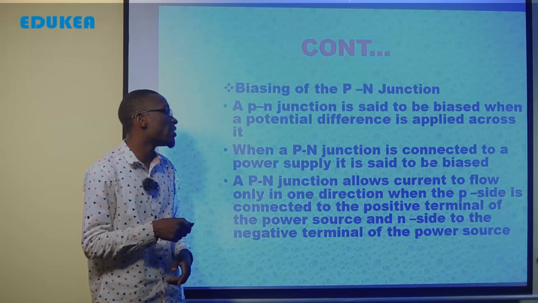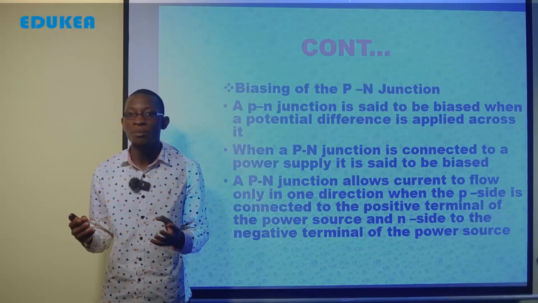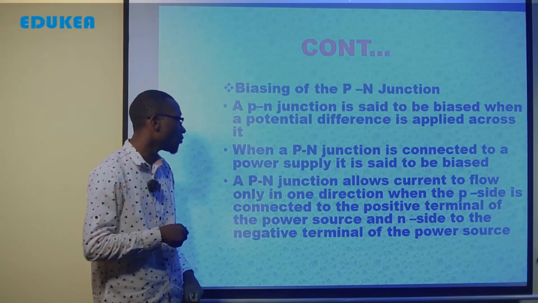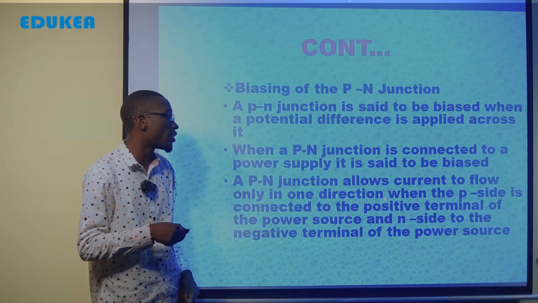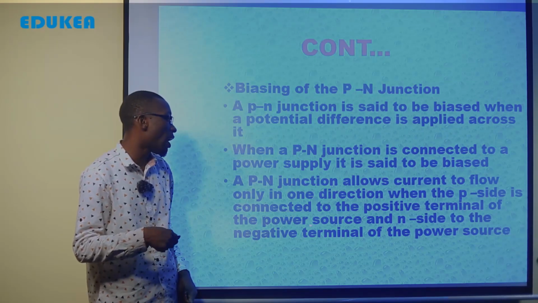Wakati PN junction tutakapoiconnect kwenye power supply, tunasema hiyo PN junction ipo nini? Ipo biased. A PN junction allows current to flow only in one direction when the P side is connected to the positive terminal of the power source and the N side is connected to the negative terminal of the source.